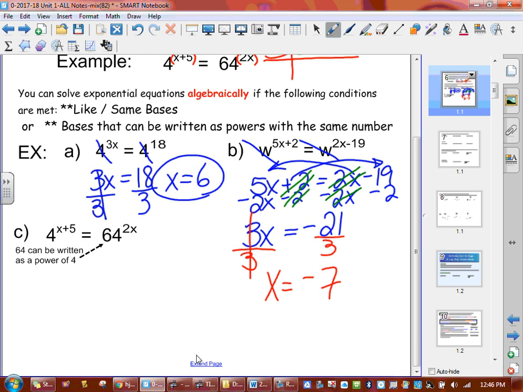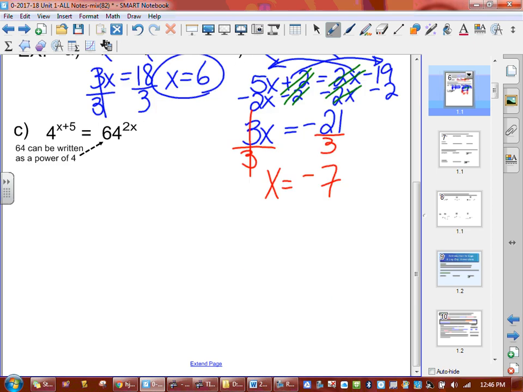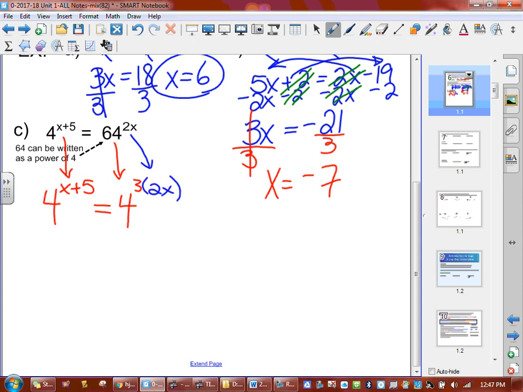So I can make that go into a base 4, and that's exactly what we're going to do. So this one's going to come down exactly as it sits, because it's already a base 4. So now I'm going to turn 64 into a base 4, being 4 cubed. The exponent that is there is now going to come down in brackets, because it must multiply by that new exponent on that 4.